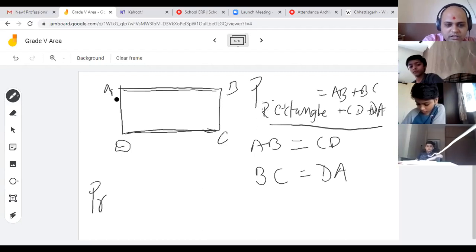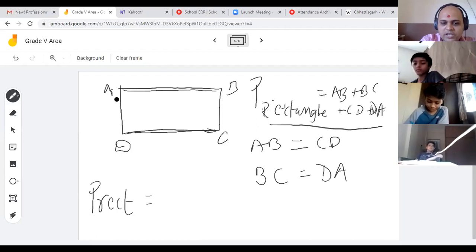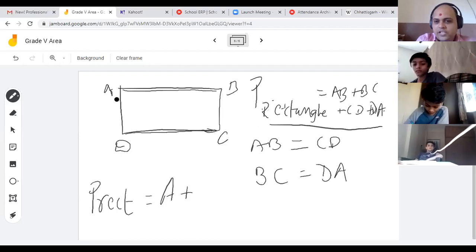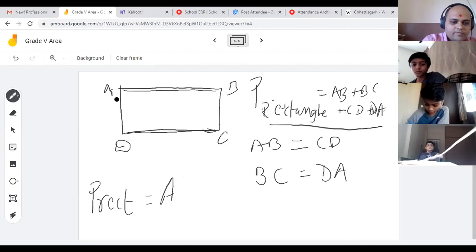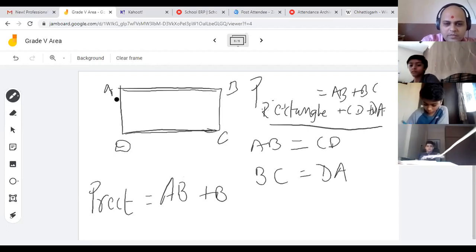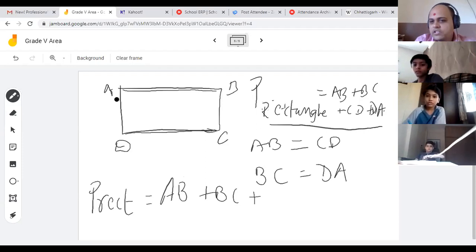Yes, everyone. So in this above equation, what are we going to do? P rectangle is equal to AB plus BC. AB plus BC. Now CD is there, but CD is AB only.